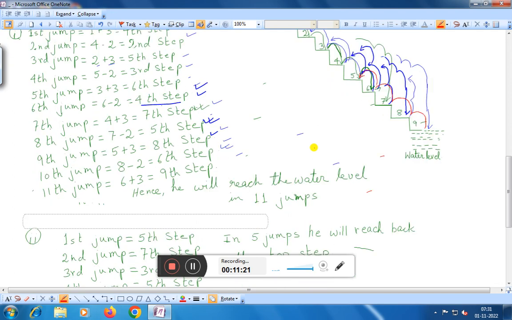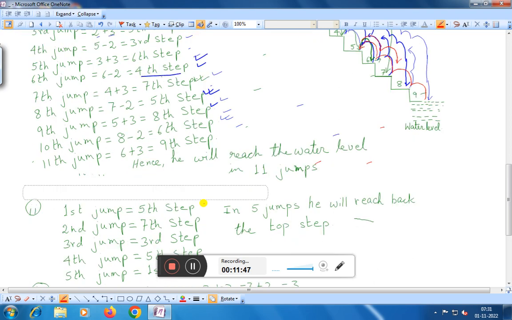And then again he goes back 2 steps down. 2 steps down from 5, he goes to 6 and 7. Now he is at the 7th step in the second jump.